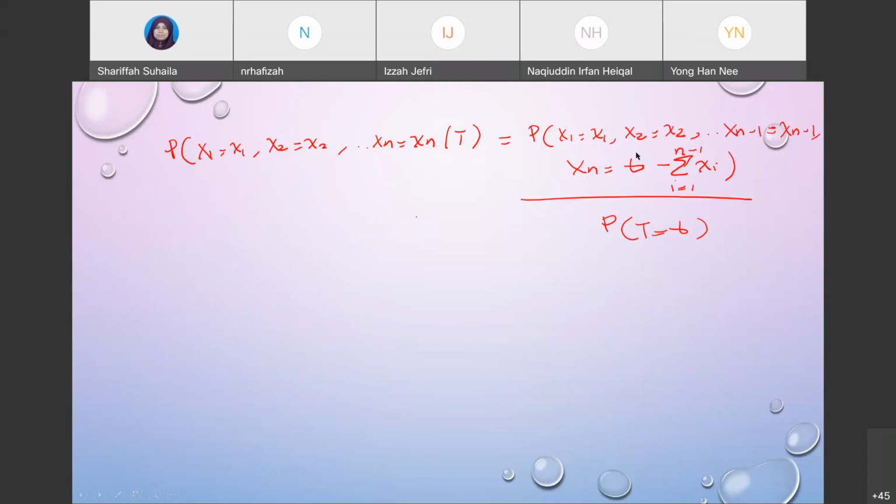Xn I express in terms of t, because T is the summation of Xi, minus the summation of Xi from i equals 1 up to n minus 1, so actually we get Xn back. Divided by the probability T equals t.